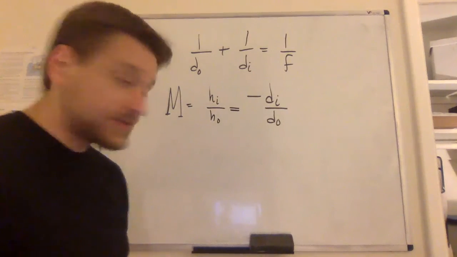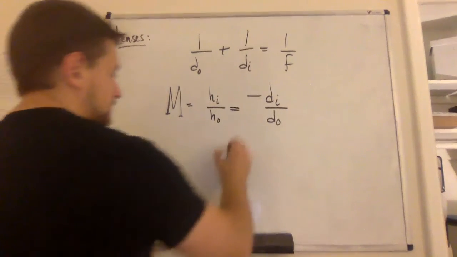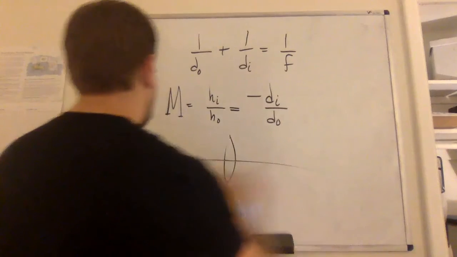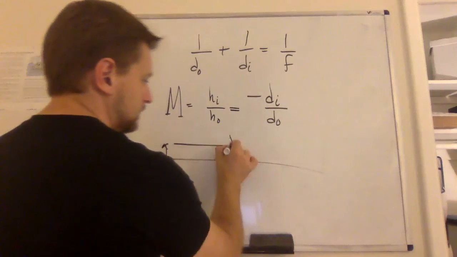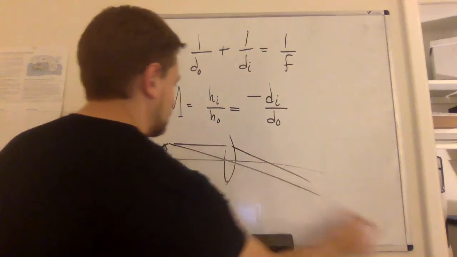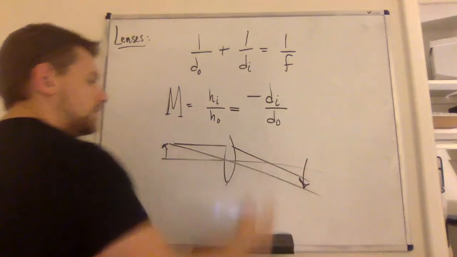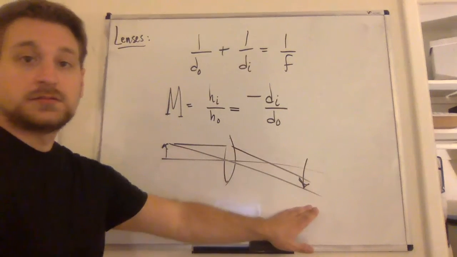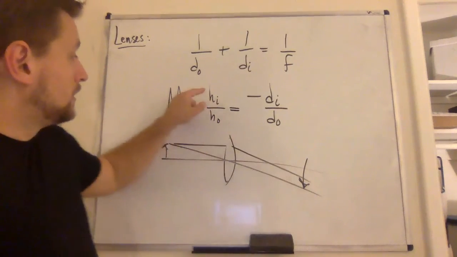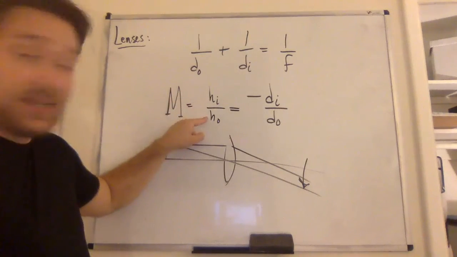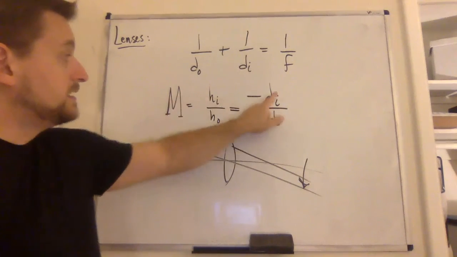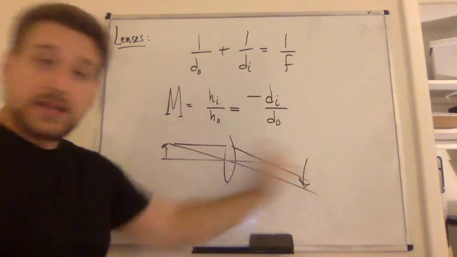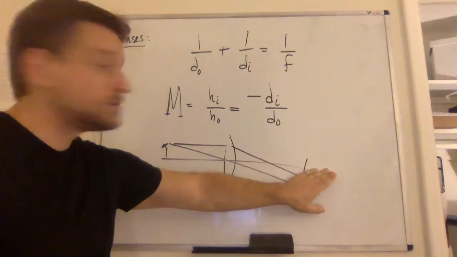For a lens, just really quick, that's inverted, but it's on the correct side. HI over HO is going to be negative. DI is positive though, because it's on the transmission side of the lens.